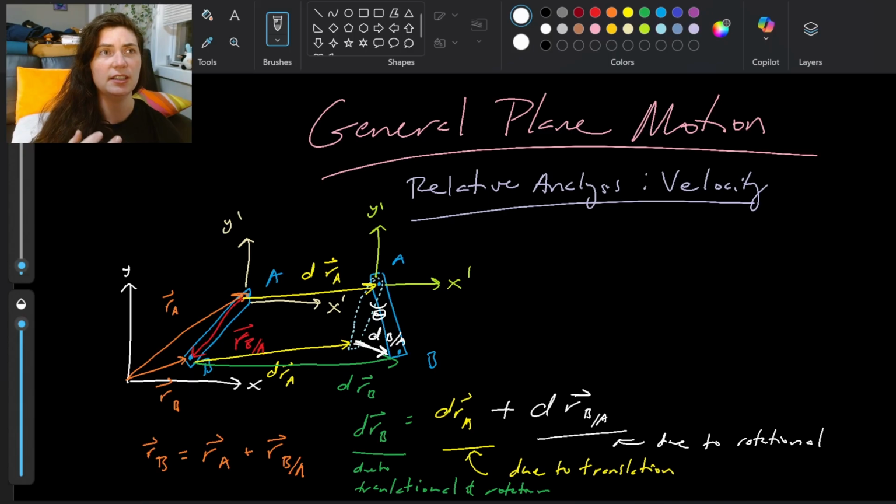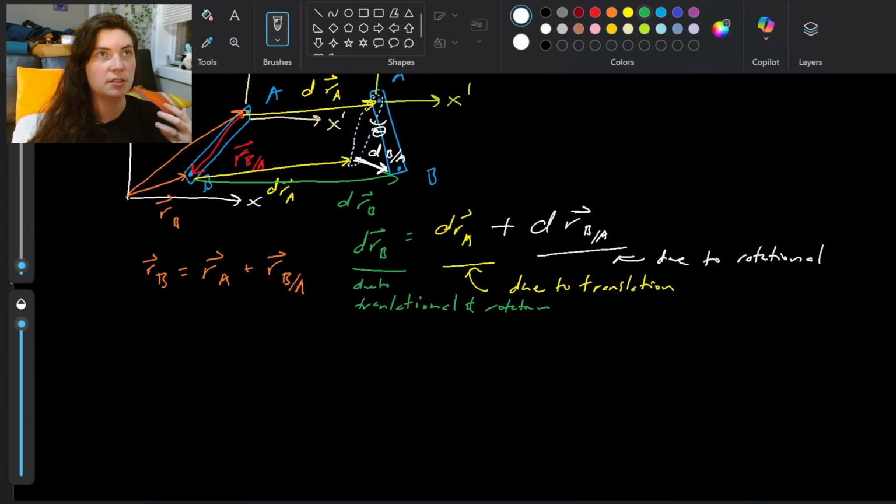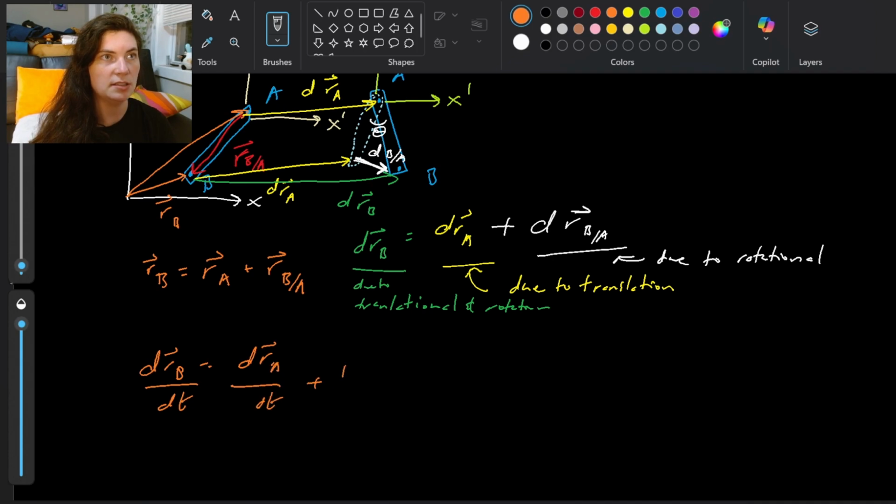And we can see with these displacements, if we go ahead and take derivatives of these with respect to time, so that we have drB/dt equals dRA/dt plus drB with respect to A over dt, we're going to get something pretty familiar.